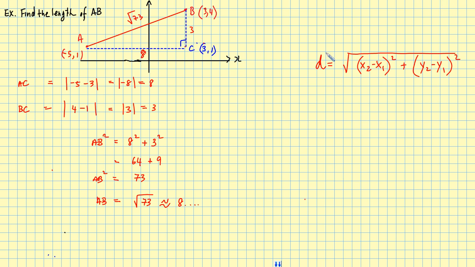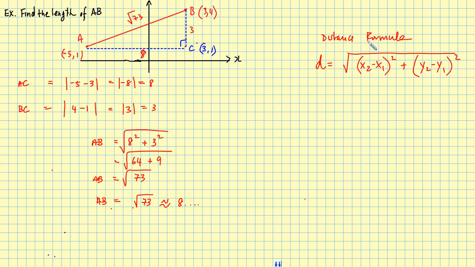This is the distance formula, and it is nothing more than the Pythagorean theorem, except that I didn't take the square root right off. I could have written AB, taking the square root automatically from the beginning, so that AB equals all of this, instead of taking AB squared.